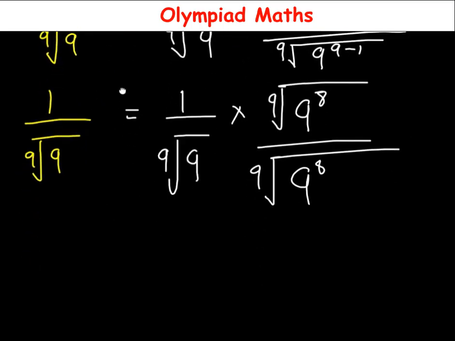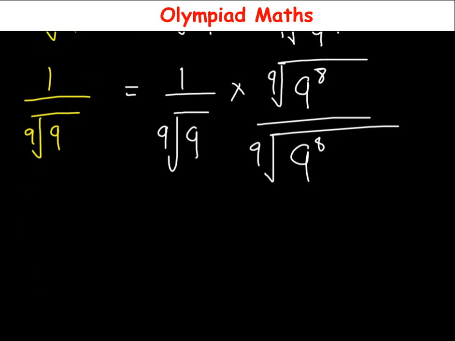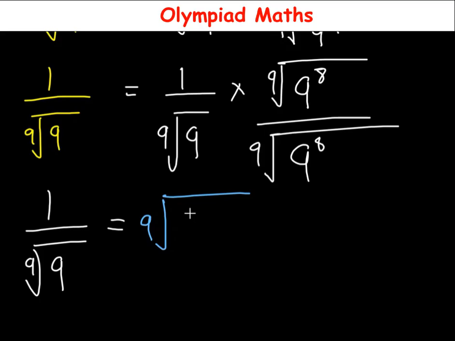So with this, we have the value of 1 over the 9th root of 9 to be equal to, now let us multiply this. 1 times the 9th root of 9 to the power 8 gives us the 9th root of 9 to the power 8.